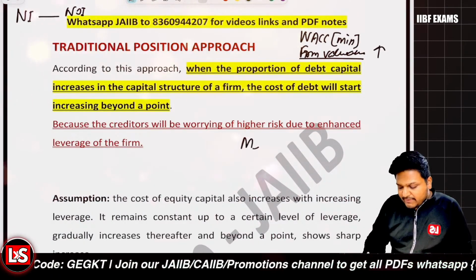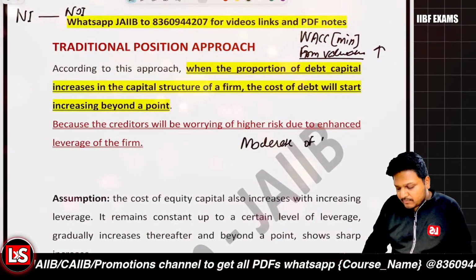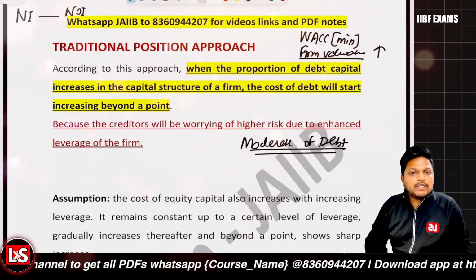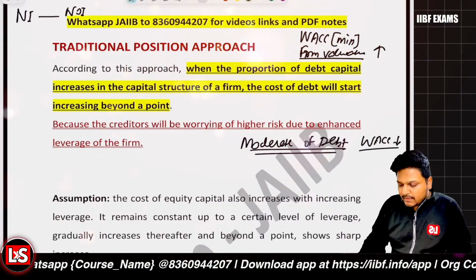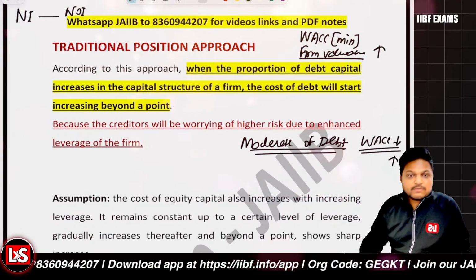So when you are using moderate usage of debt, right? That's going to initially reduce the WACC, and further the firm value will increase.